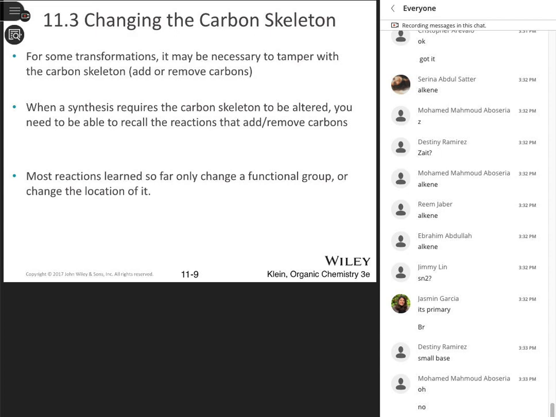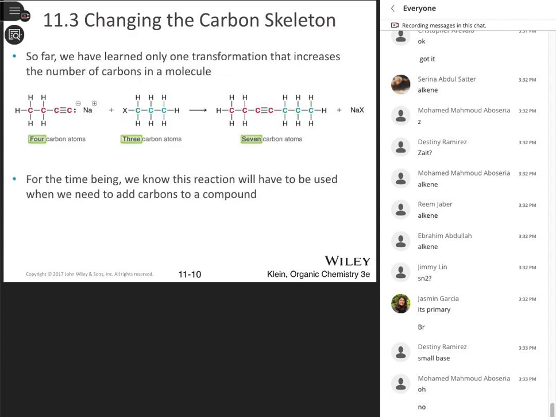Obviously, later on, when we get to chapter 12, you could use secondary and tertiary and add to them, but you use a Grignard reagent, which is a whole different type of reaction, and I haven't taught you yet. But if you have a primary and it's growing linearly, it's easy to do SN2, and you could also do alcohols, which I will show later.